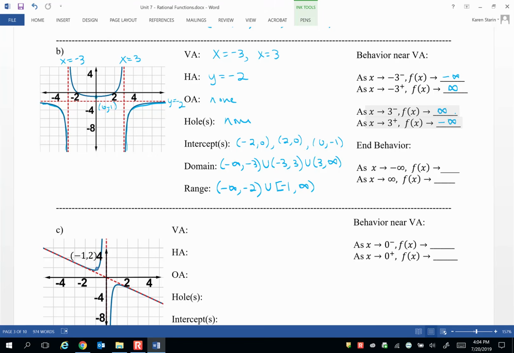As x approaches negative infinity, y is approaching negative 2. That's our horizontal asymptote. As x approaches positive infinity, f of x is also approaching negative 2 on the right. Again, look at those two statements and look at the graph provided and make sure you understand why.